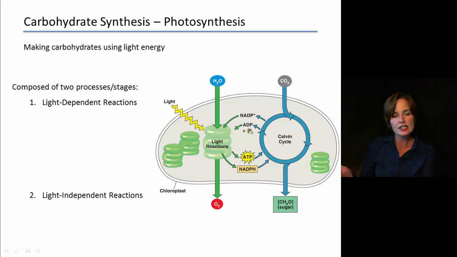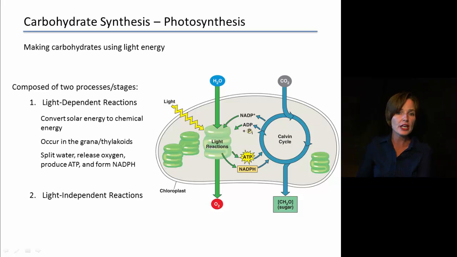The process of photosynthesis is going to have two main stages, or two halves. The first half is the half that uses light, and that is what we call the light-dependent reactions. In those reactions, they collect energy from the sun and turn that solar energy into a chemical form, specifically ATP molecules. These reactions take place inside of the grana, or inside of the thylakoids.